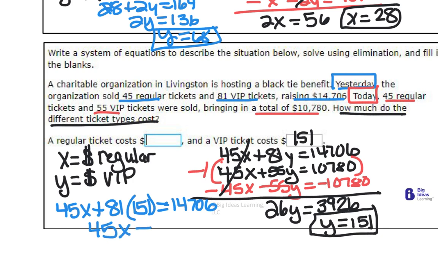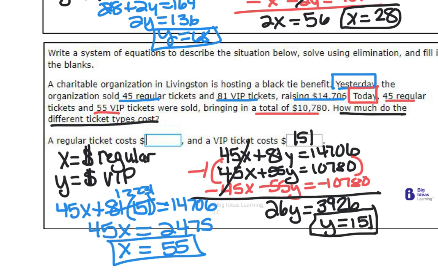So 45x equals, this is 12,231. If I subtract that, I get 2475. So regular tickets are a lot better, $55.